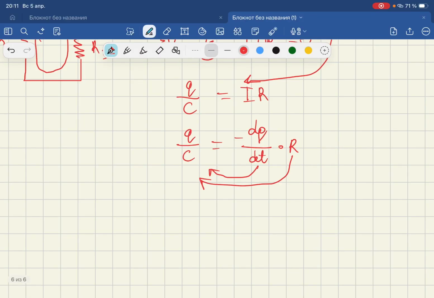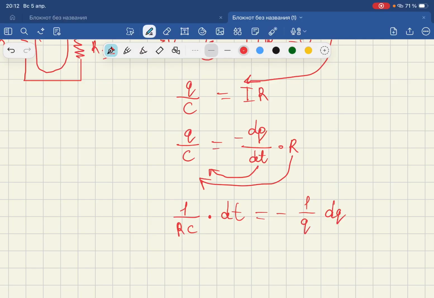Let's write that. 1 divided by RC times dt is equal to minus 1 divided by Q times dQ. So we wrote an equation for the charge.